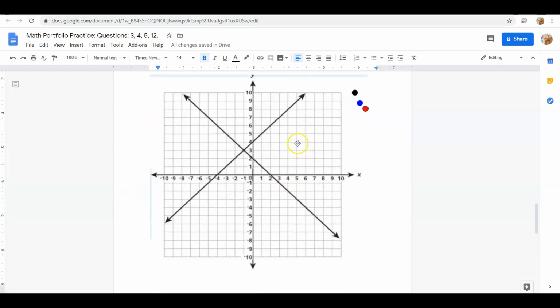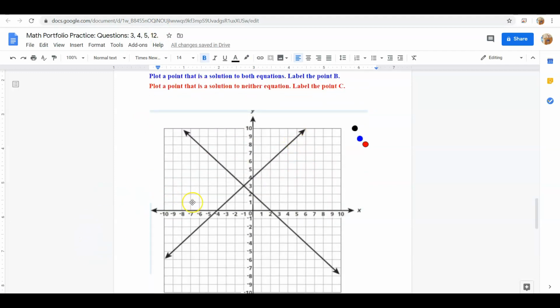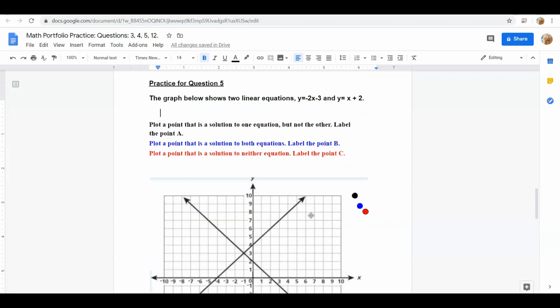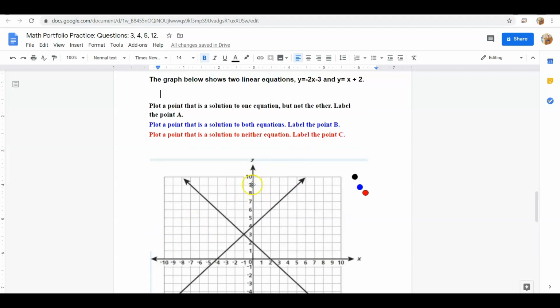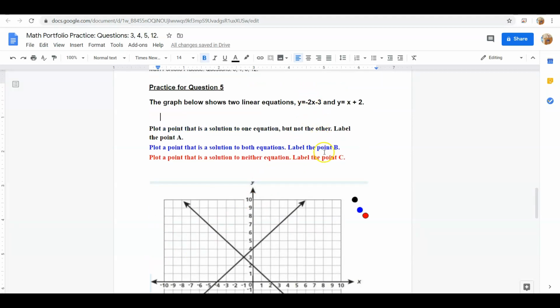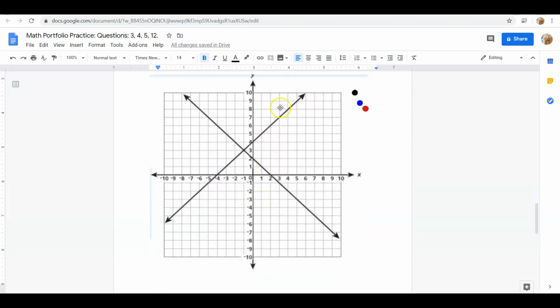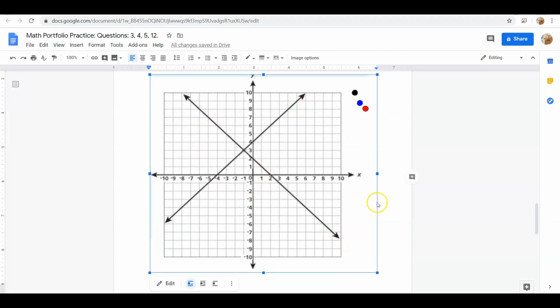So I want you to look at the graph and look at these two lines. Each of these lines is an equation. So I want you to see this line right here as equation 1, and this line here as equation 2.